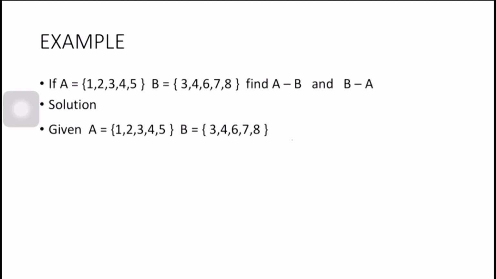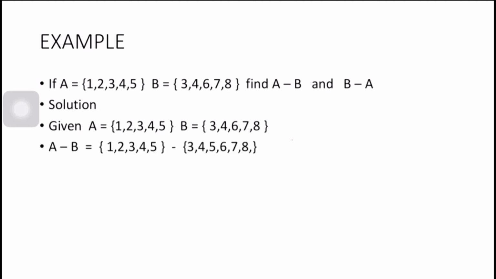Now here we have to find A minus B. So A minus B is equal to, first write the set A, after that write the set B. Here the common elements are 3, 4, 5.